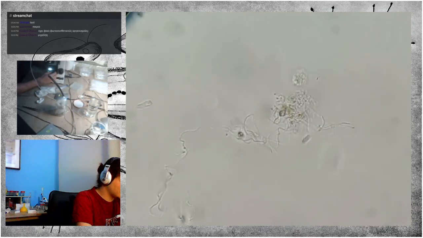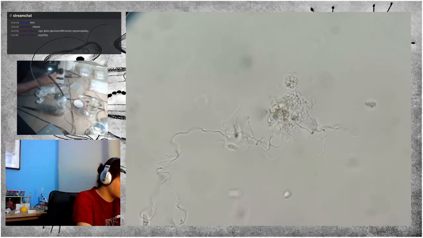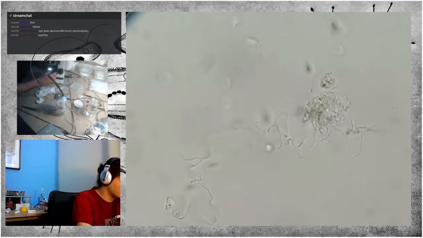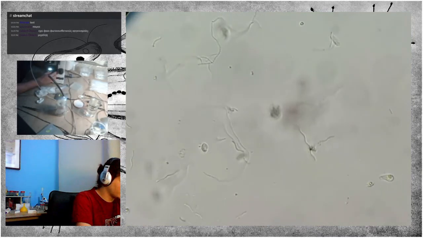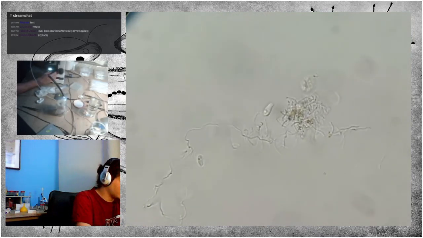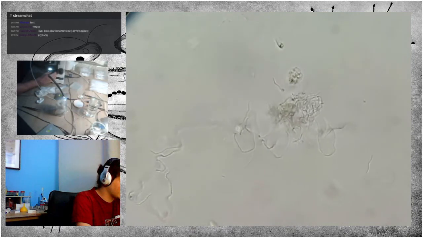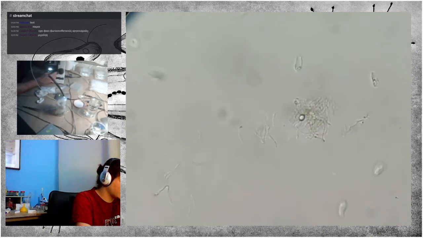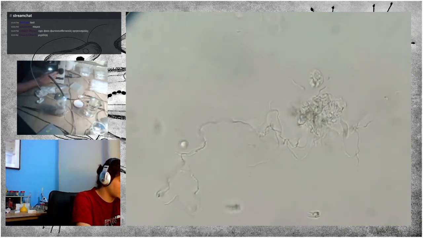This is probably a bacterial colony, which ciliates or flagellates, I don't know honestly. There could be both. Yeah, I'm not sure what's happening here. It's probably a bacterial colony, a spirochete colony.